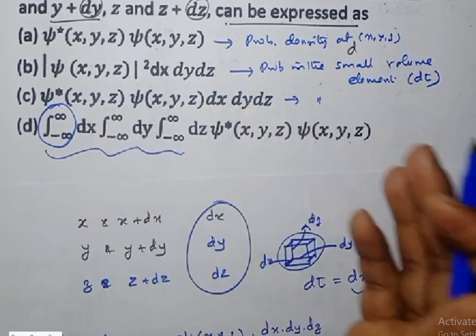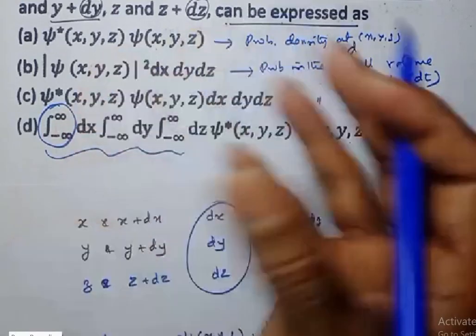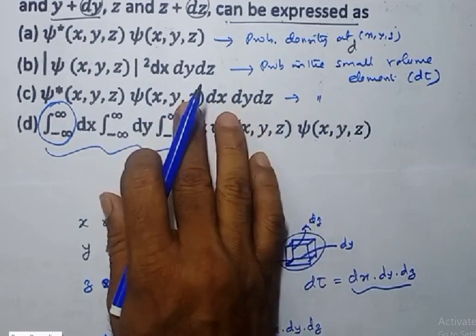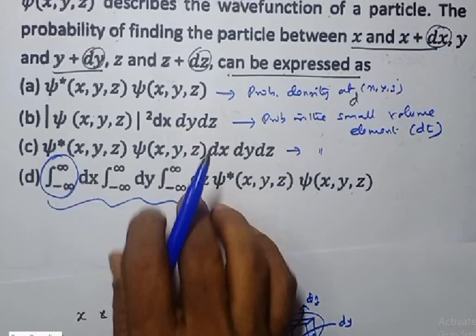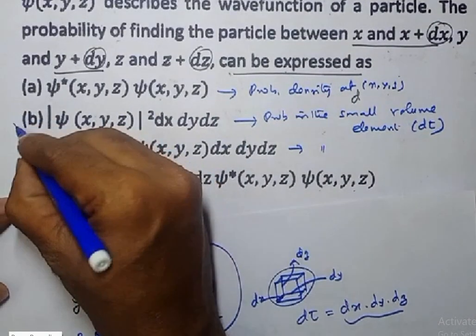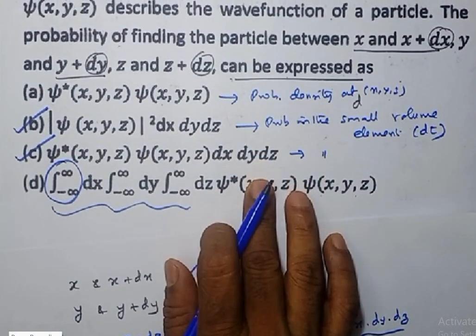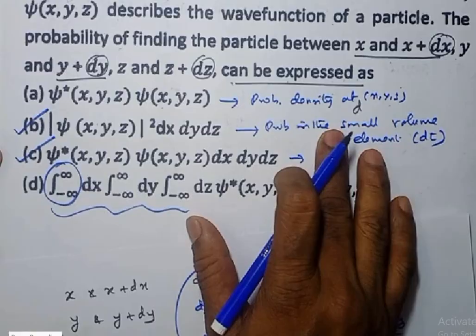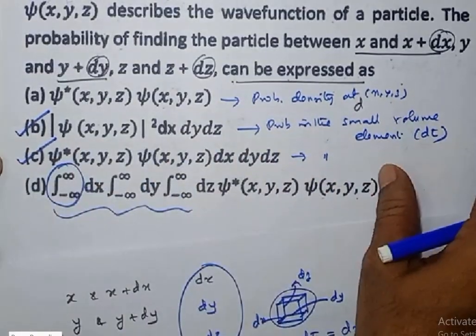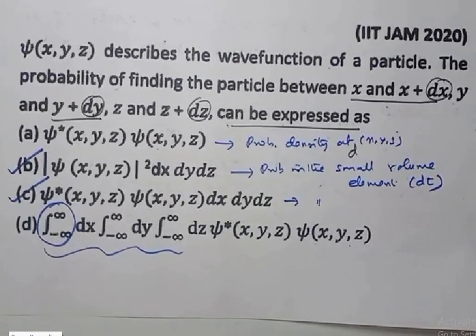So this becomes the entire universe. This is called total probability. Total probability is 1, but they are not asking total probability. They are asking probability in this range. Therefore the correct options are B and C. You know very well, in the JAM examination, multiple options are also possible. So for this question, the correct options are B and C.